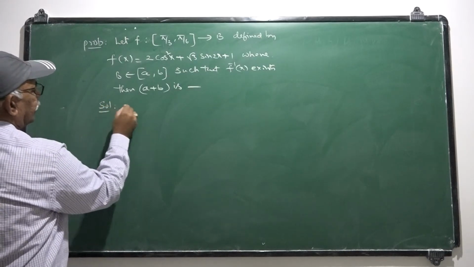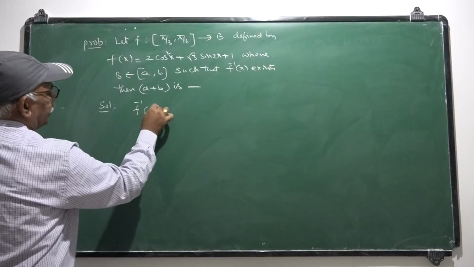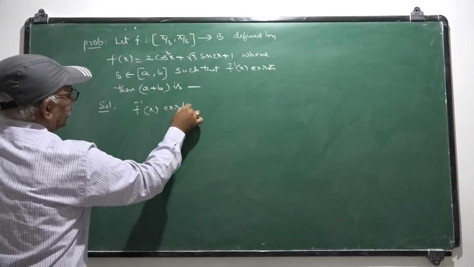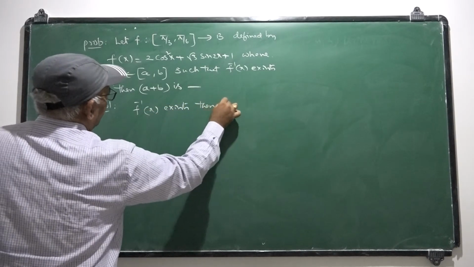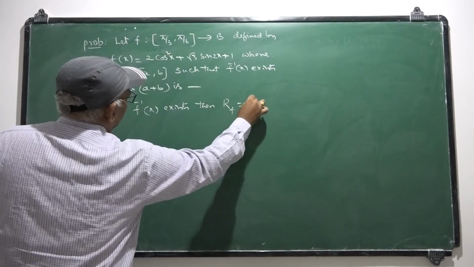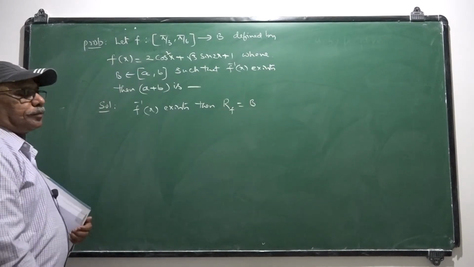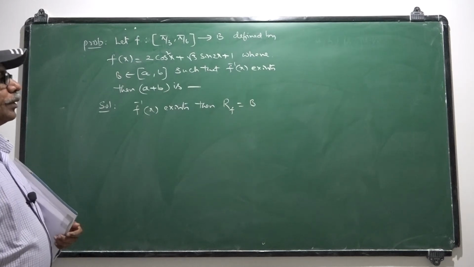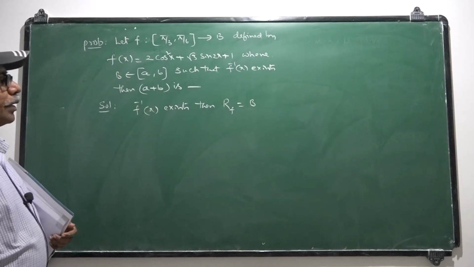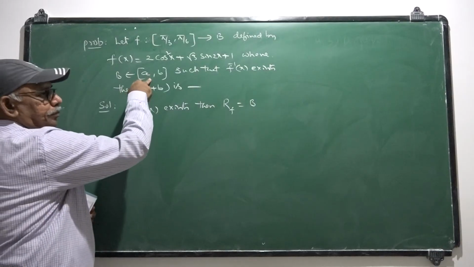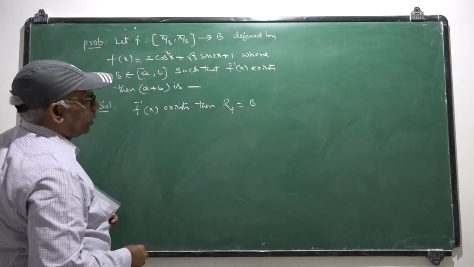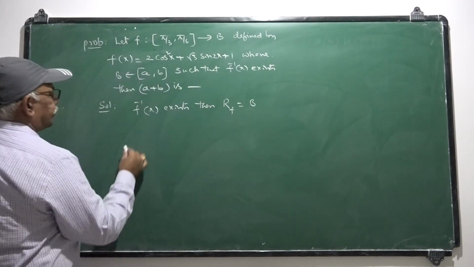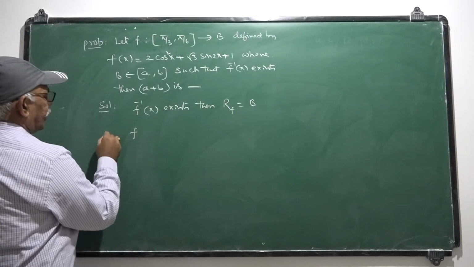That should be observed here. If f inverse of x exists, then range of f equal to the codomain b itself. So here we have to find the range to get b. That means a and b.